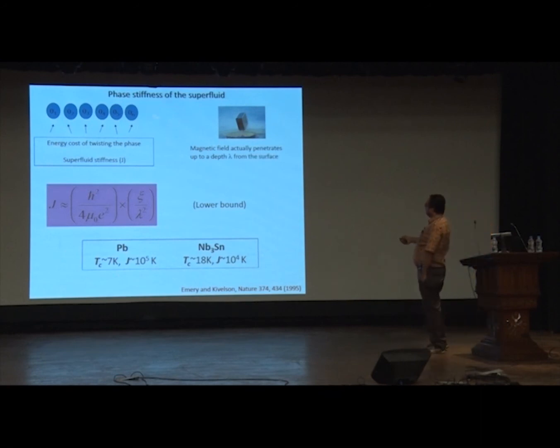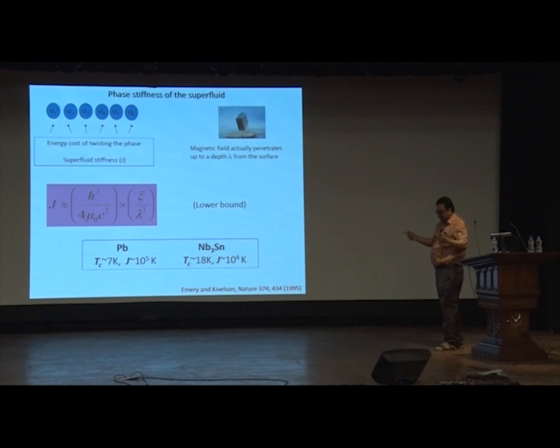So what I mean is that the gap is no longer the energy scale. So what you should ask is, what is now the relevant energy scale here? Because in BCS theory, you have just one energy scale, that's the superconducting gap. The second energy scale that you can think of is essentially the phase stiffness of the superfluid.